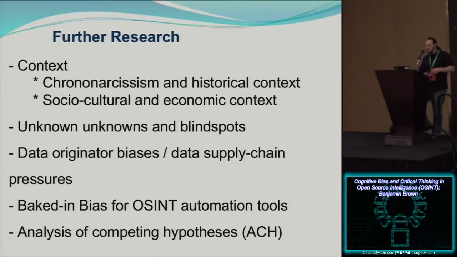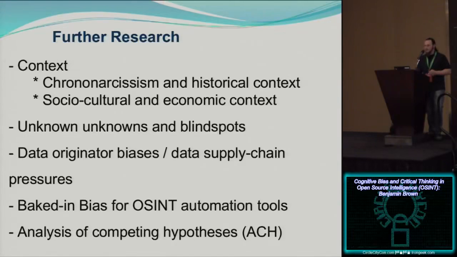Also looking at data supply chain pressures. Oftentimes, you don't get data directly from the initial source. It goes through a process. And then those processes are going to shape that data in some way. There are a lot of tools out there for doing intelligence analysis, specifically open source intelligence analysis, tools for gathering information, harvesting them, and there are tools for mapping them out.